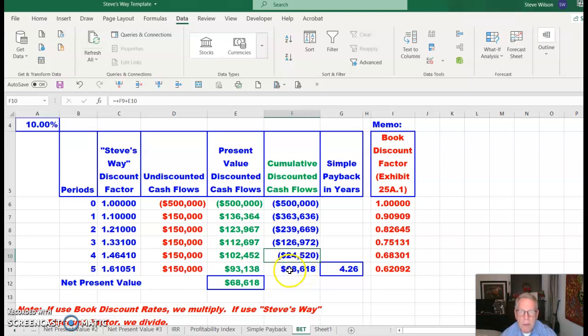So what we would do then is we would take this 24,520 as a percentage of 93,138. And if I do that, I get 0.26. So that's what my formula would look like for this one. I make the 24,520 into a positive and divide it by 93,138. That gives me the percentage of year 4 needed to break even.